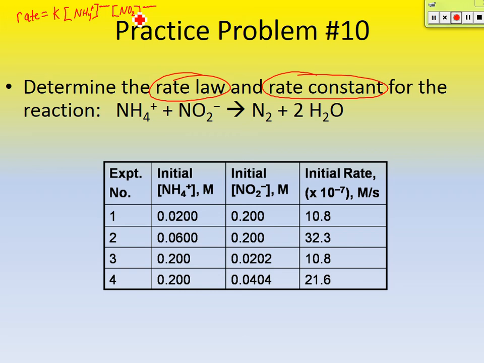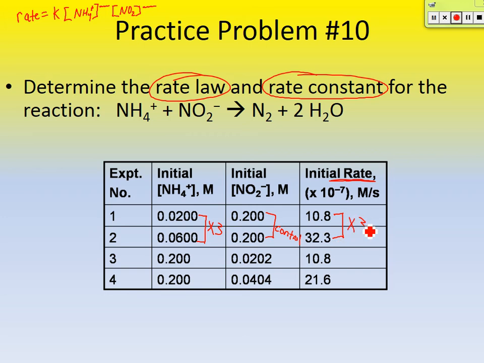Yes. And so if we look right here, NH4+ is increasing by a factor of what? Well, it's times by 3. If you take 0.02 and times by 3, you get 0.06. NO2 is being held constant, so there's my control. And what's happening to the rate? Now be careful here. This rate is this number times by 10 to the minus 7. But how is that changing, guys? 10.8 and 32.3. It's essentially timesing by 3, right?